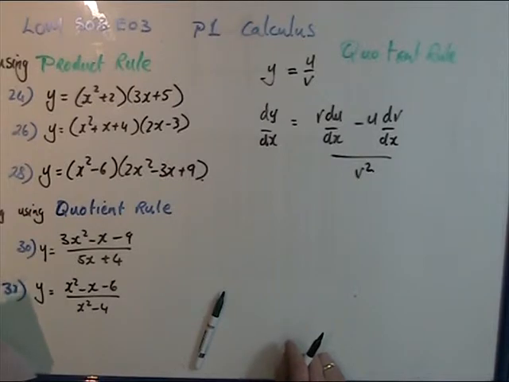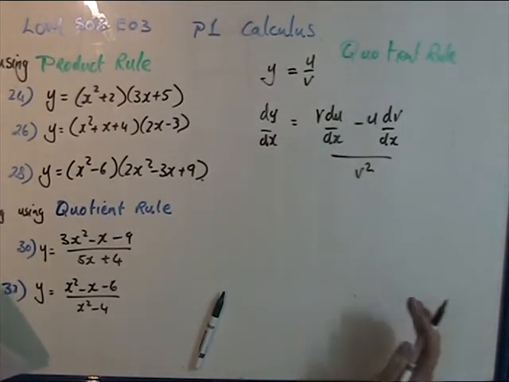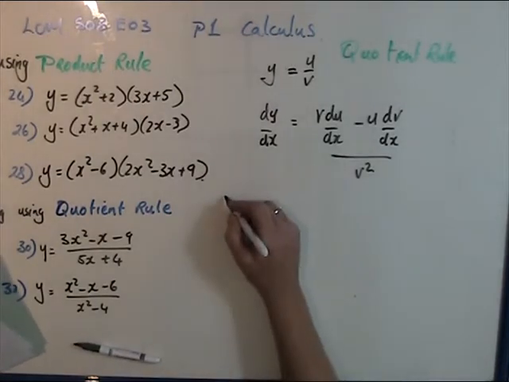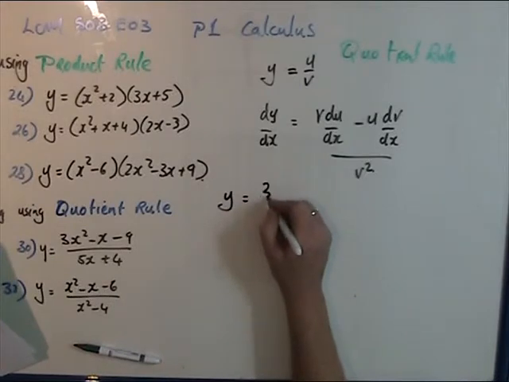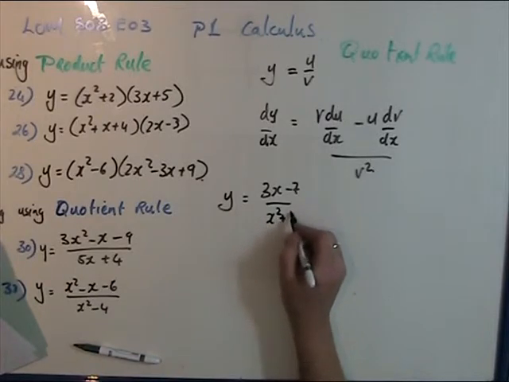It looks a bit big, and this is v by the way, my v's have a bit of a turn on the top. So let's have a look at the formula. You'll have one over the other, 3x minus 7 all over x squared plus 1.